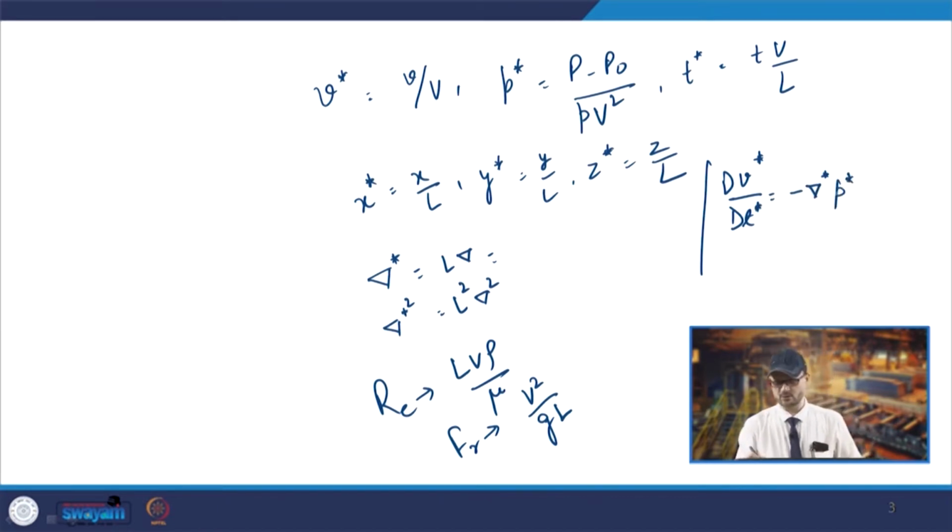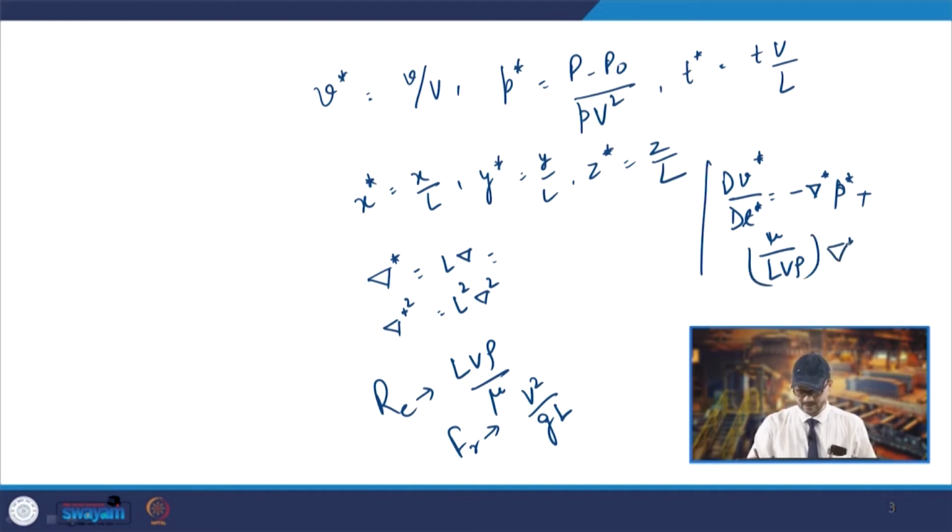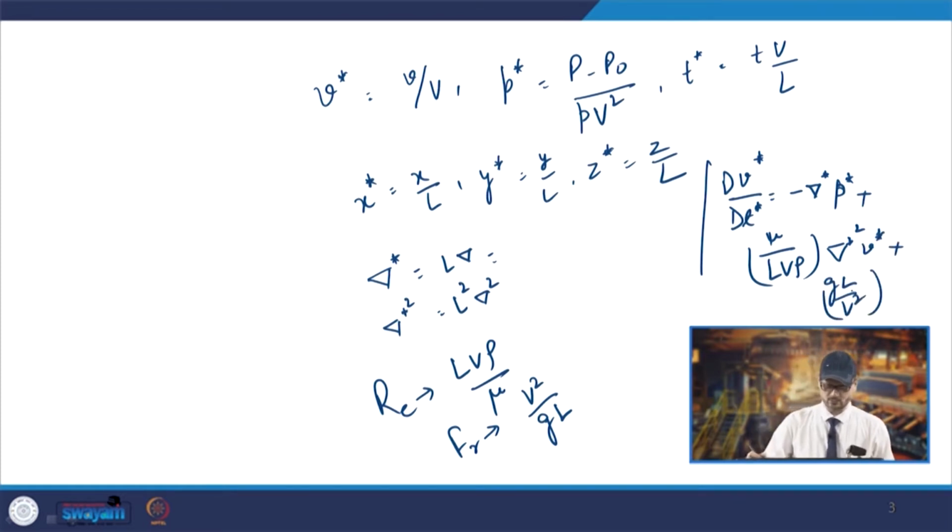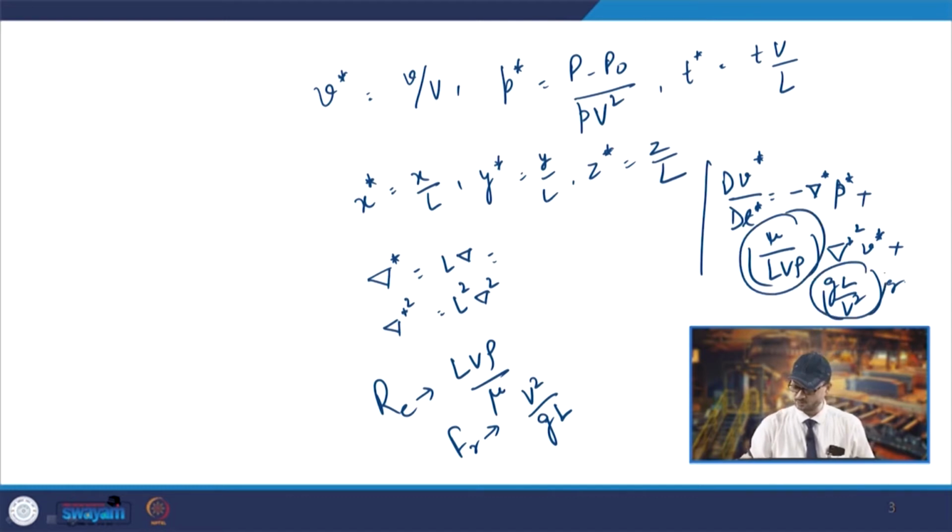You have the first term, dou p by dou x, and then the term mu by L V rho multiplied by grad star square V star, and then G L by V square multiplied by G, so G star comes. Basically, you get these non-dimensional quantities.